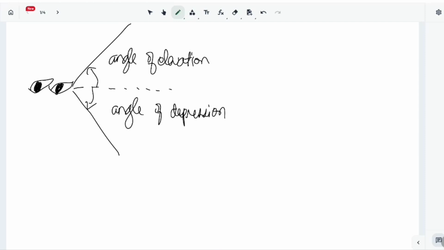Okay? So these are the two terms that you need to understand so that you can be able to solve problems. And in solving problems in relation with the right triangle, we need to know how to draw.